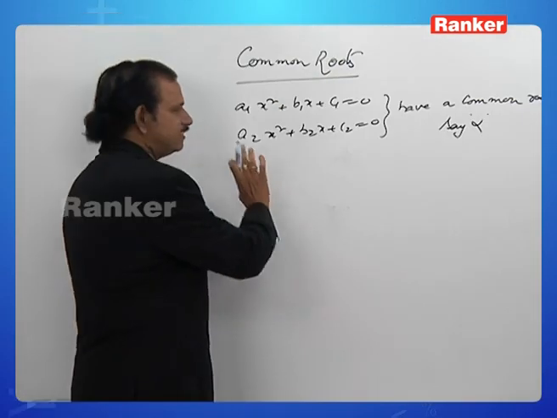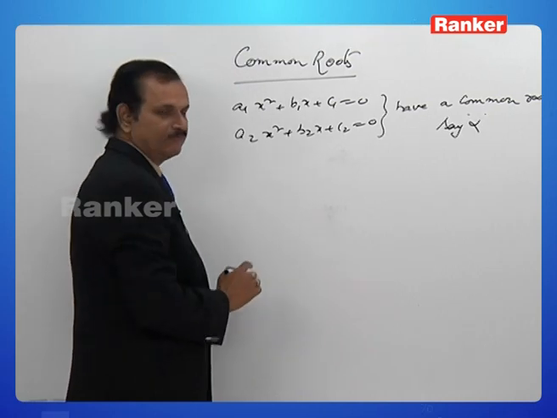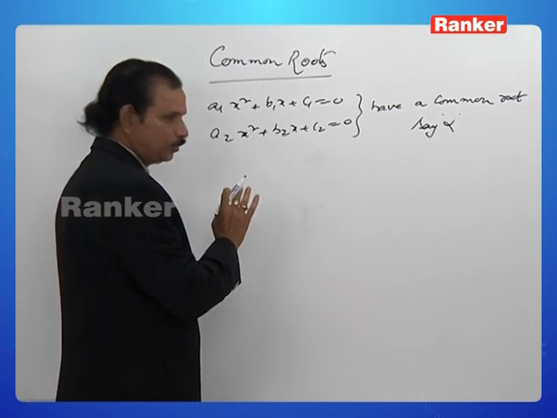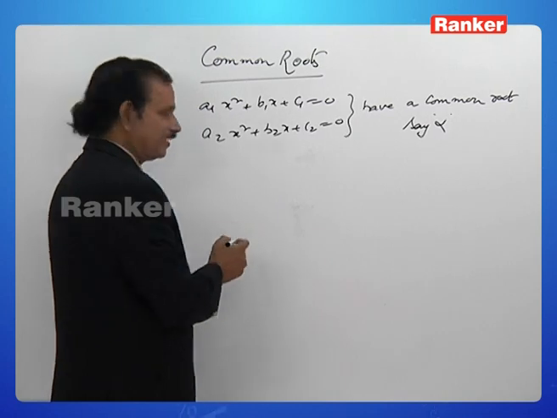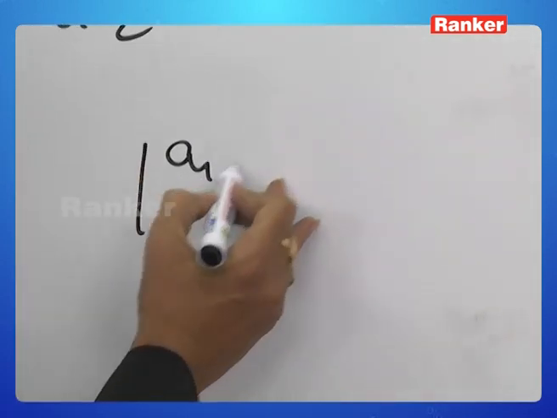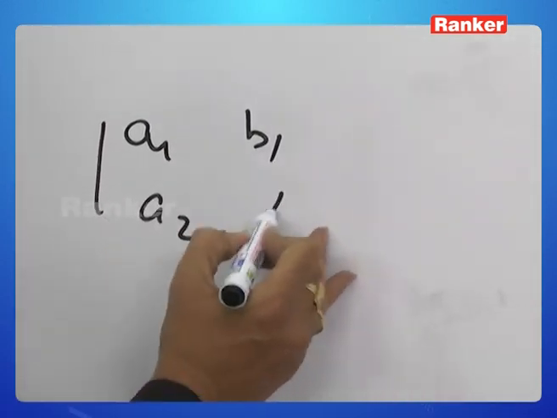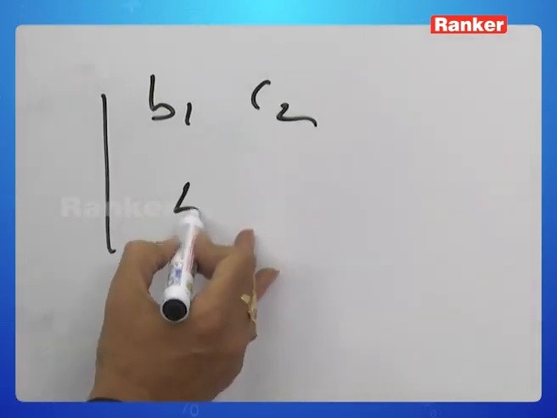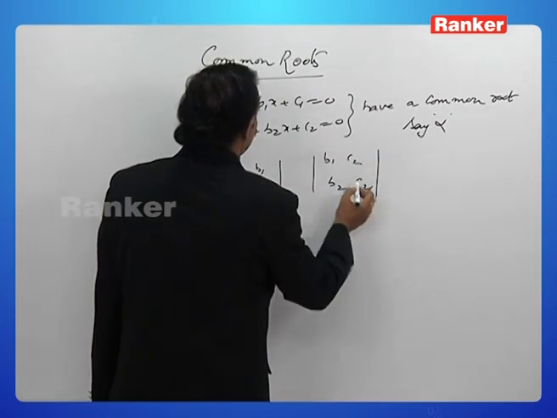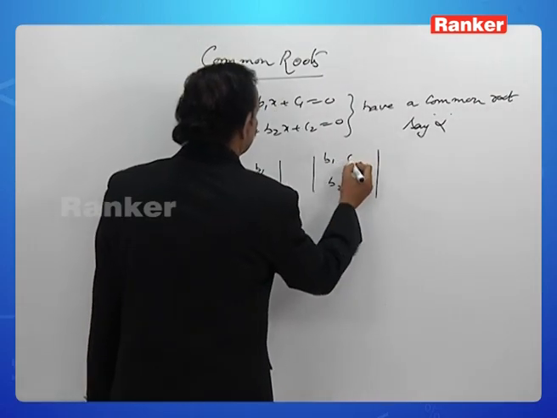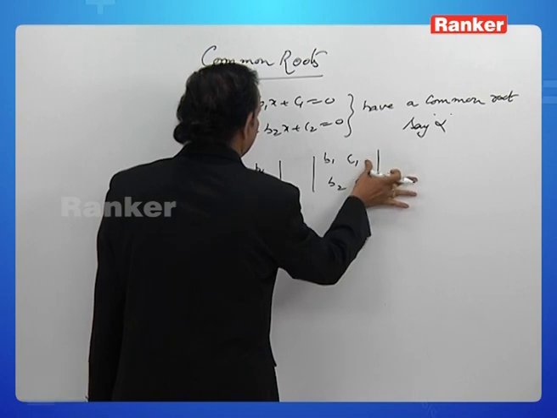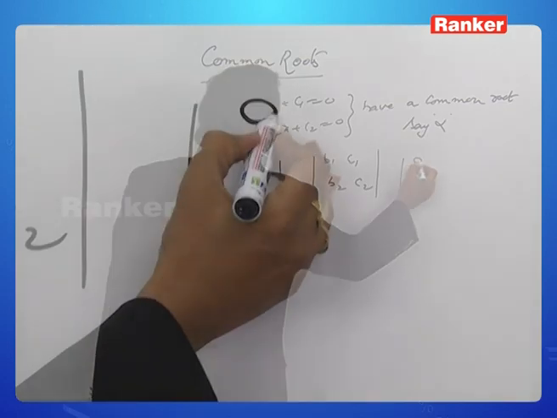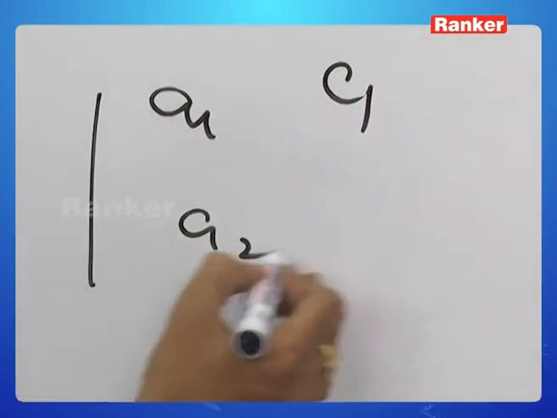As and when the two equations are given, you construct three determinants. First one, a1, b1, a2, b2. Second one, b1, c1, b2, c2. And a1, c1, a2, c2.